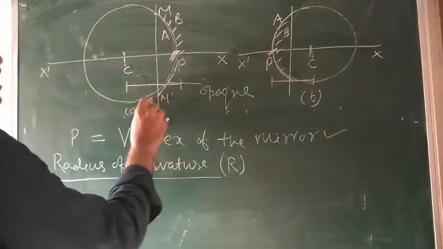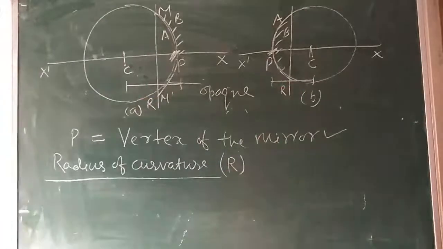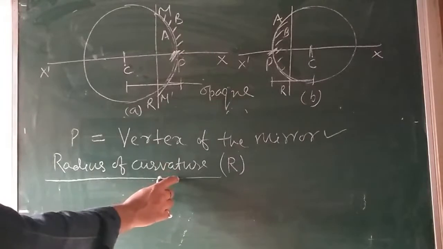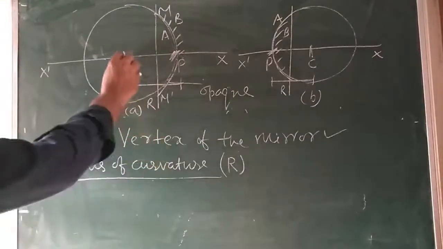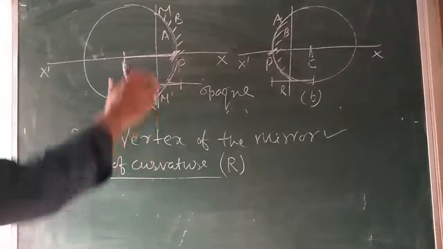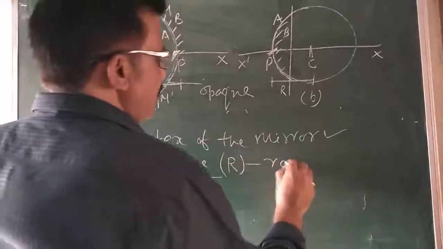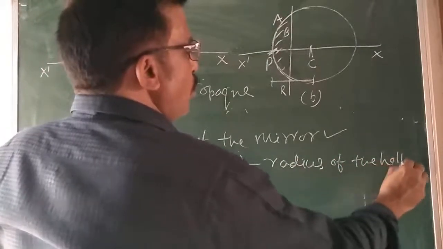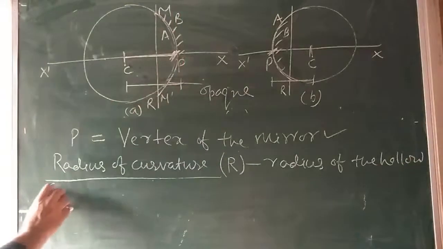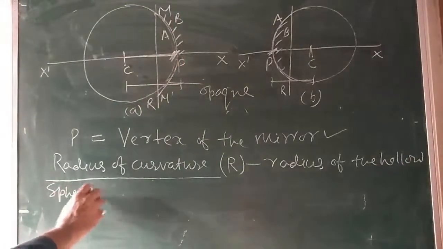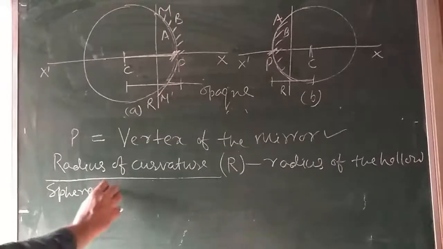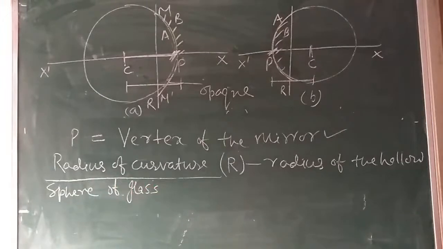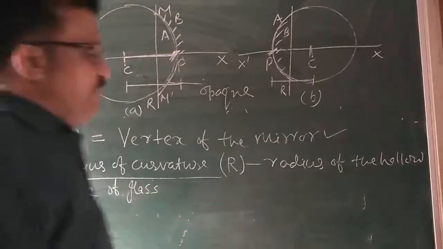This distance is called R. The radius of curvature of a spherical mirror is the radius of the hollow sphere of which the spherical mirror is a part.